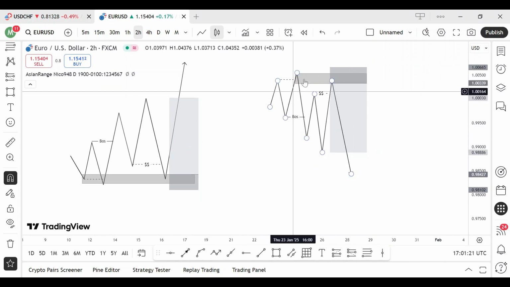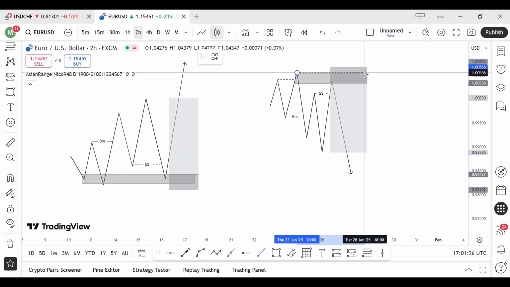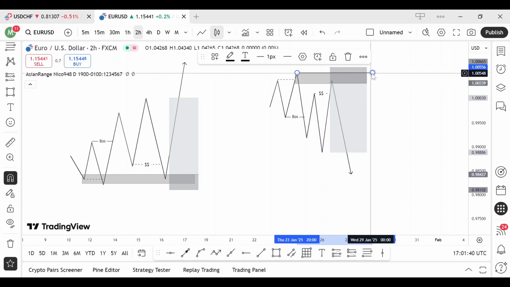Now, make sure to note that price must have swept the previous high and broken structure to the upside. This guarantees that this high here is going to hold. What that means is that price is not going to take this high out.